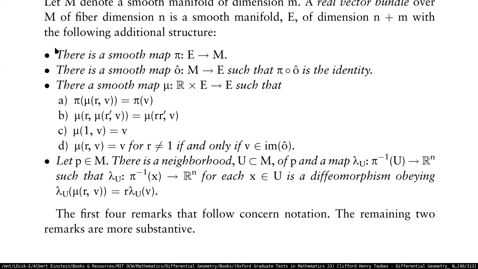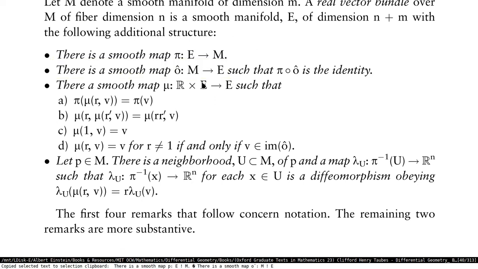So of course the first one is just the smooth map I, which we saw. This is the smooth section, right? Just weird notation, O hat. But this is the same thing because pi circle hat gives you the identity. Additionally, there's this smooth map mu from R cross E to E such that it satisfies these things.